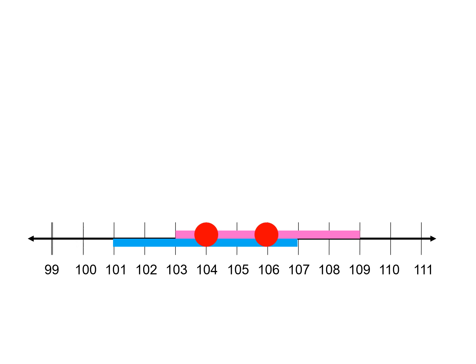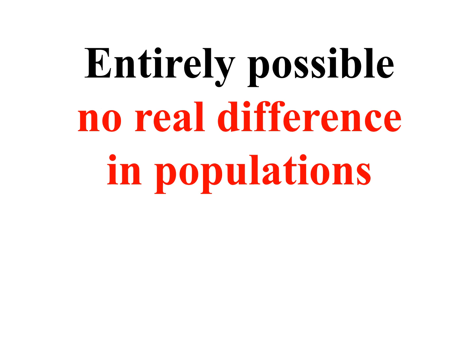This is the confidence interval for the women's sample. As you can see, 105 is a likely value of mu for both of these samples. Therefore, it is entirely possible that there is no real difference in the populations.